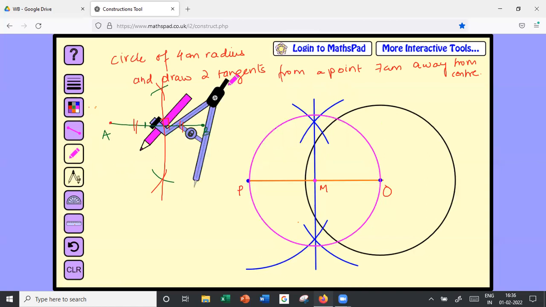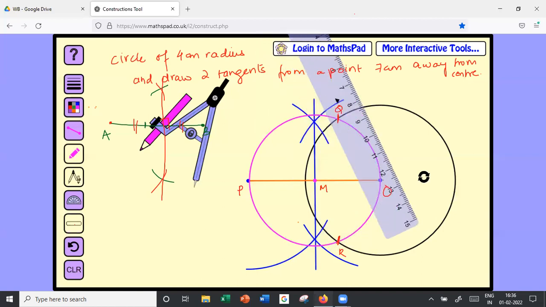Let's call them Q and R. This is Q and this is R. The point I'm talking about is this right here. And that's it. Now you just have to join PQ and PR. Your tangent is done. Take your ruler, join PQ and PR.